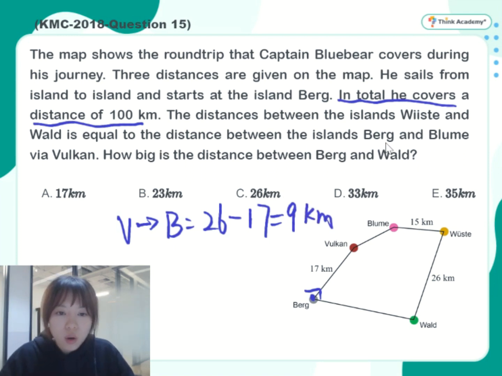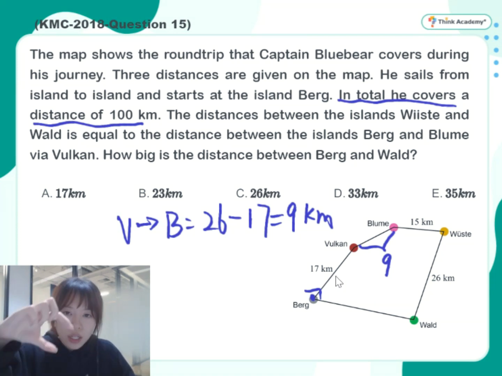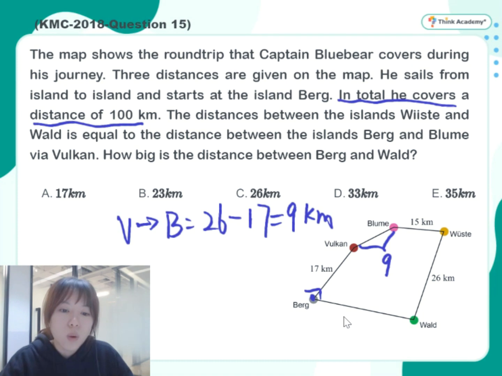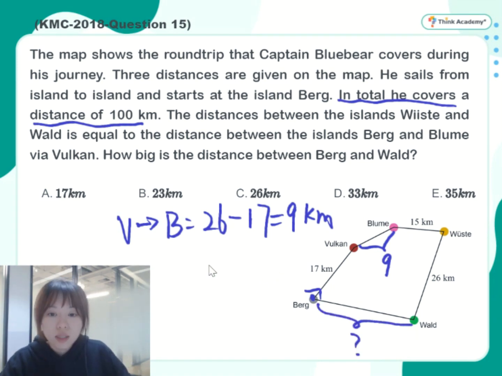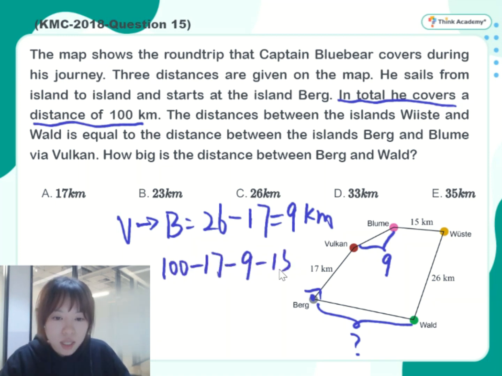And then how big is the distance between Berg and Wild? Now we know here is 9. And we know that in total is 100. So that means if we add each line segment, it's going to be 100. We don't know this one. So easy. We just do 100 minus 17 minus 9 minus 15 minus 26.